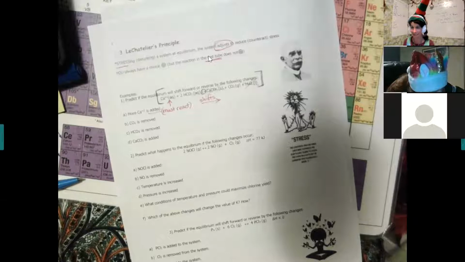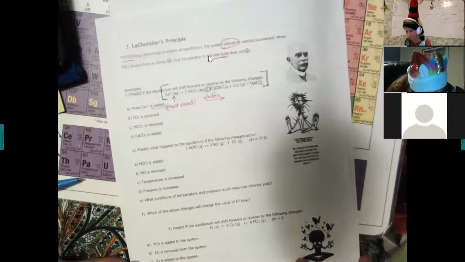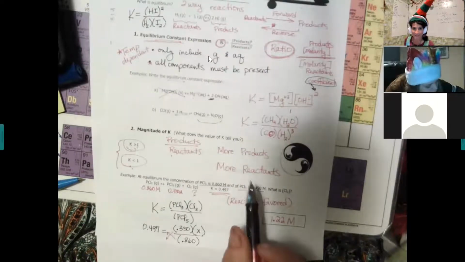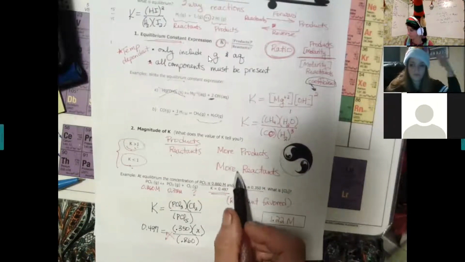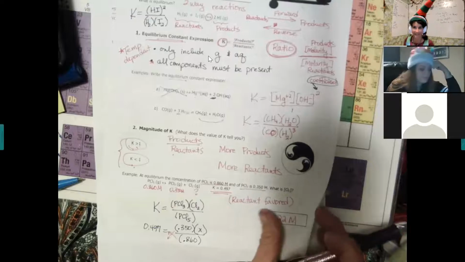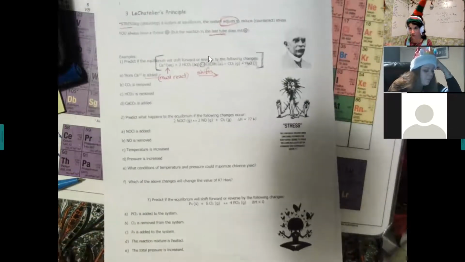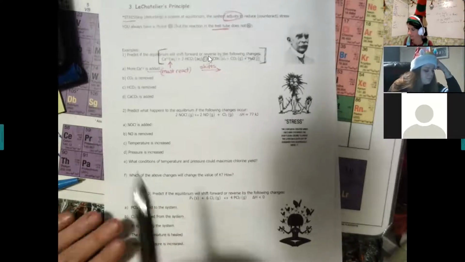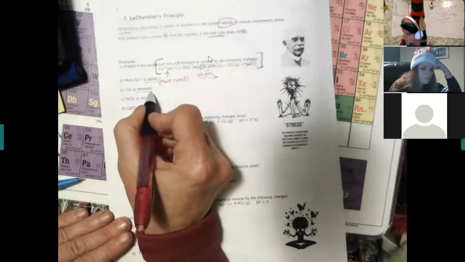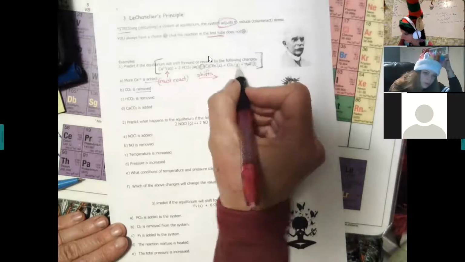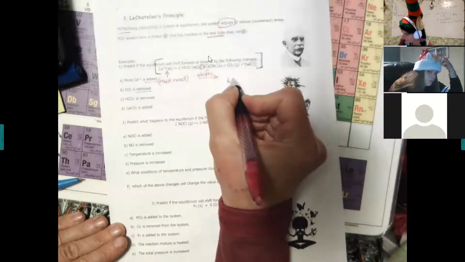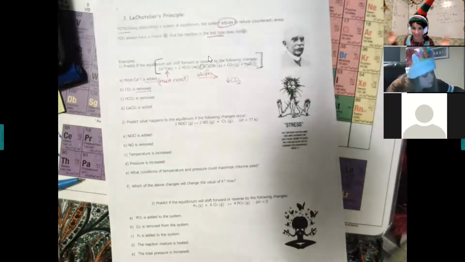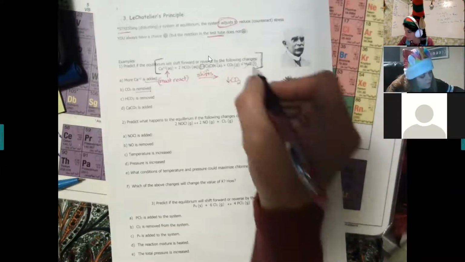This is not the same as on the previous page where we had a K value. Sorry. And we said, oh, this is reactant favored or product favored. This is, the equilibrium is there, and now we're shifting it. We're pushing it one way or the other. If you remove something, so the CO2 is over here, so if I take it away, if something's not there, you have to replace it.